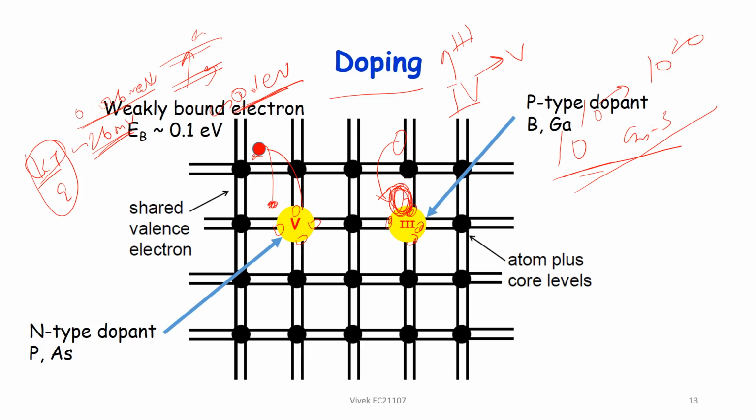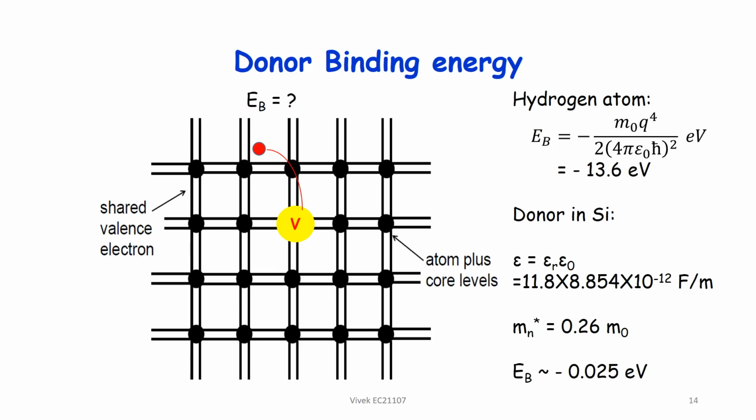So for example, let us do some rough calculation for binding energy. We can recall that for the hydrogen atom, the binding energy is given by m0 q^4 divided by 2 times (4 pi epsilon naught h bar) squared, in electron volts, and that is minus 13.6. So this is our first energy state, right?